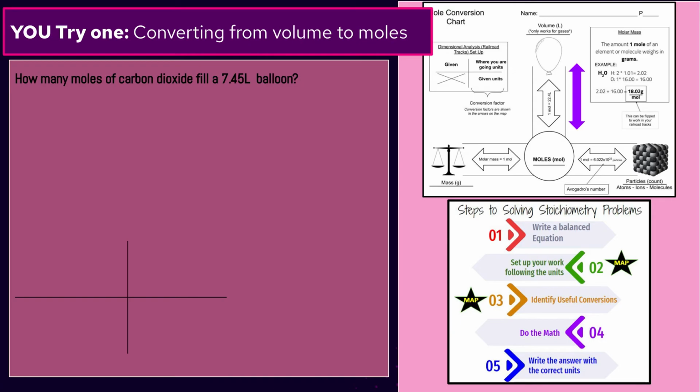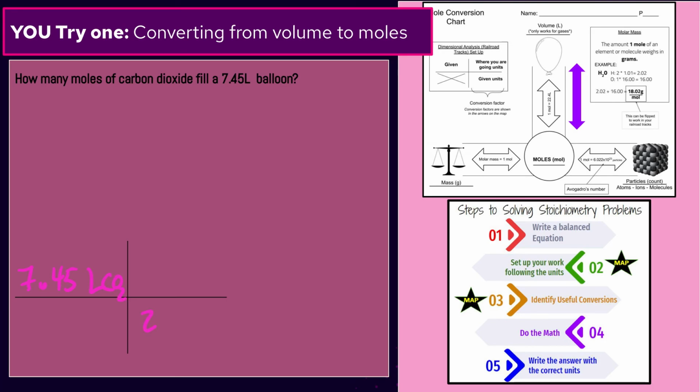You try. Convert from moles to volume, or volume to moles. How many moles of carbon dioxide fill a 7.45 liter balloon? Okay, to start this one, we need to put our given 7.45 liters of CO2.